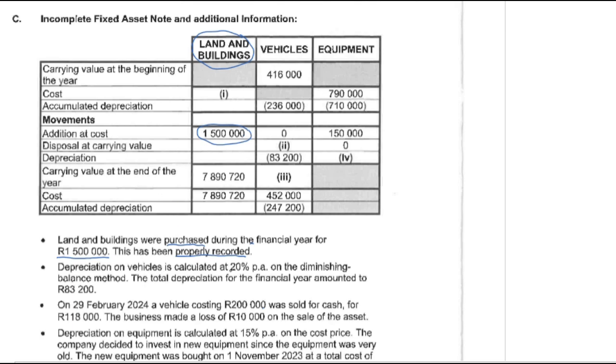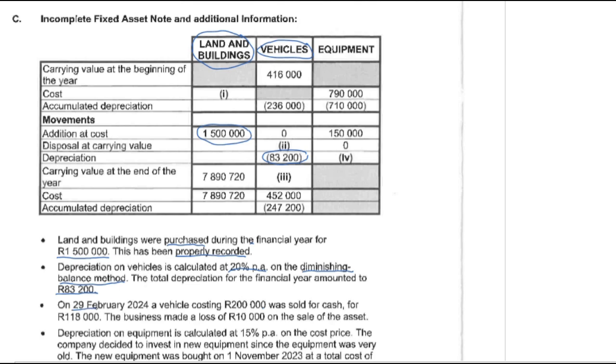Depreciation on vehicles is calculated at 20% per annum on the diminishing balance method. The total depreciation for the financial year amounted to 83,200 rands. As you can see under vehicles, there is depreciation of 83,200 rands.